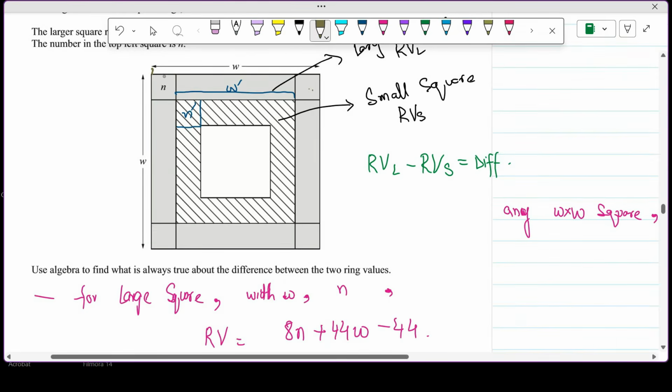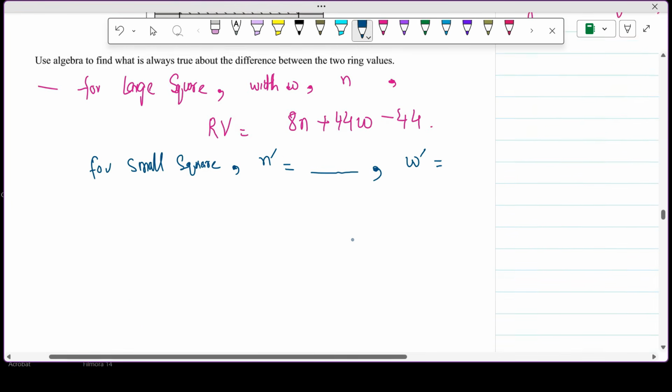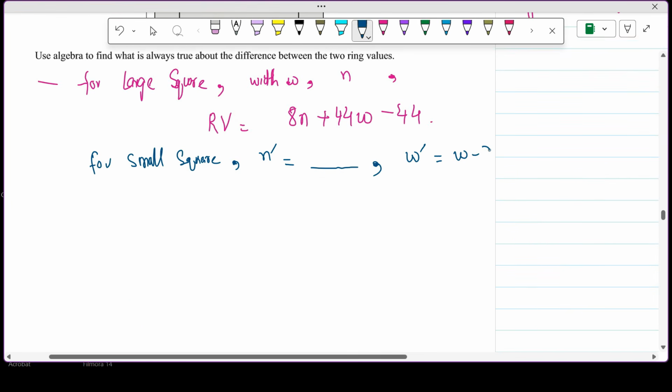You can see that the large square has the width from here to here, whereas the small square has the width from here to here, which is W dash. Now, if we eliminate two boxes, this box and this box, from the large width, we get the small width. So in this case, this one is equal to W minus 2.